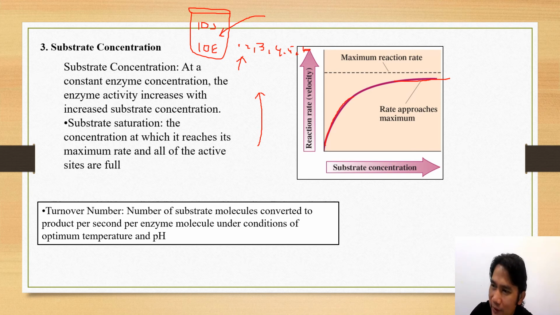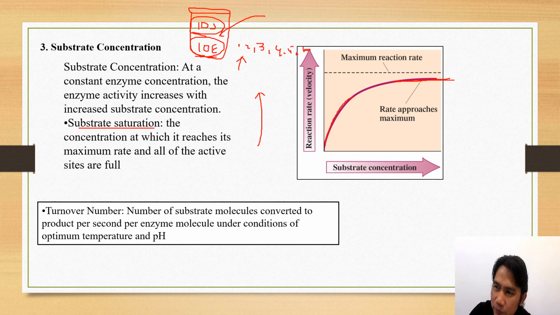When the enzyme reaches a saturation point, say there are 10 enzymes here and you have added 10 substrates or more, the 10 particles of enzymes can no longer act on the excess substrate, because all enzymes have already been saturated.